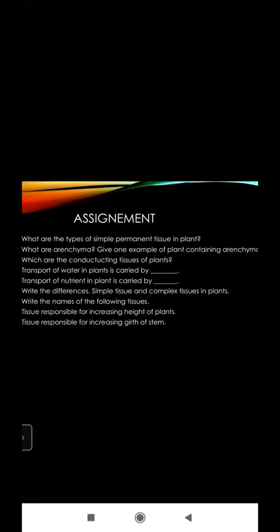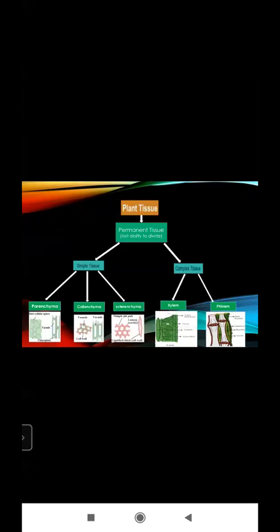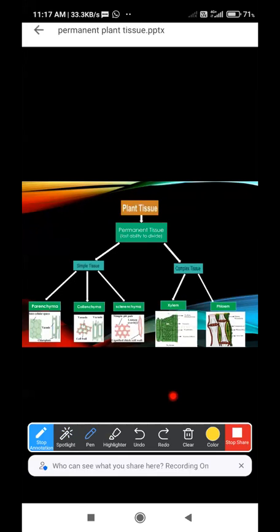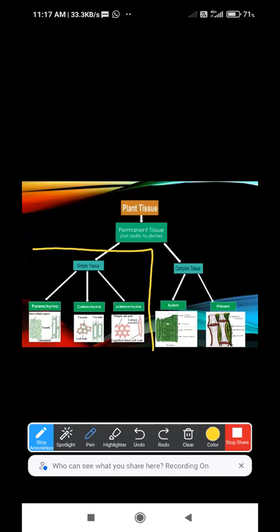So the first question is, what are the types of simple permanent tissues in plants? Here we have these three simple permanent tissues. First is parenchyma, second is collenchyma, and third is sclerenchyma.